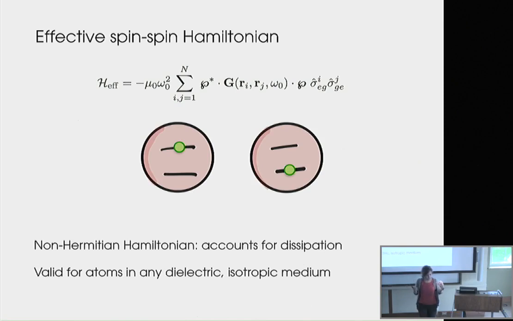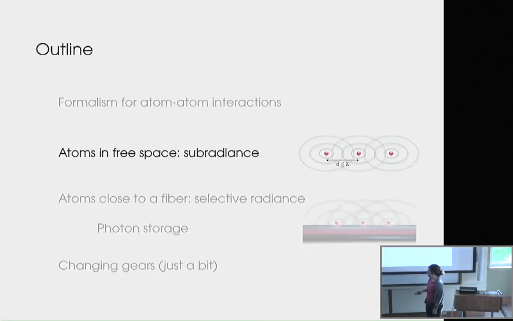So it doesn't matter if it's free space, a nanofiber, this table, if one can calculate the Green's function, the electromagnetic problem is solved. And the only approximation here is a Born-Markov approximation, which is basically valid for everything I'm going to tell you later.